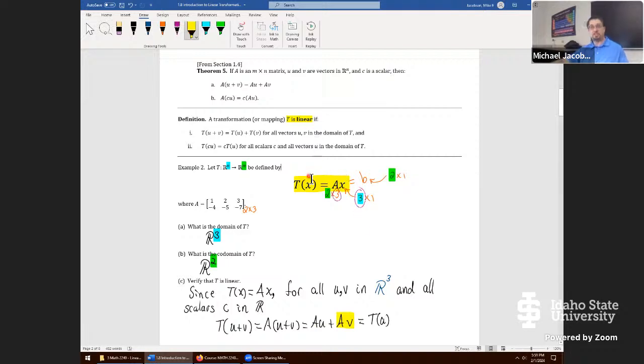If you have Ax turning into T of x, well, Av here will turn into T of v. And notice we just showed that first property does indeed hold. We just kind of powered through it by using known properties already about matrix multiplication. Now we just have to show this property holds. Any questions so far, folks, about that first run through on this one?